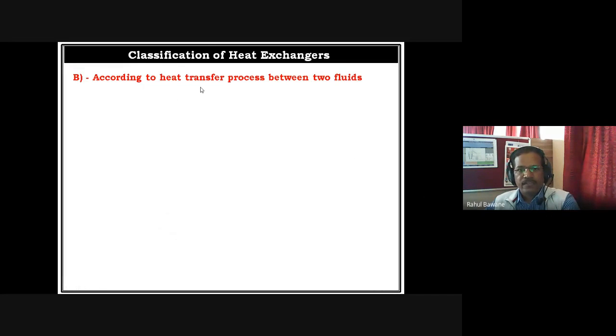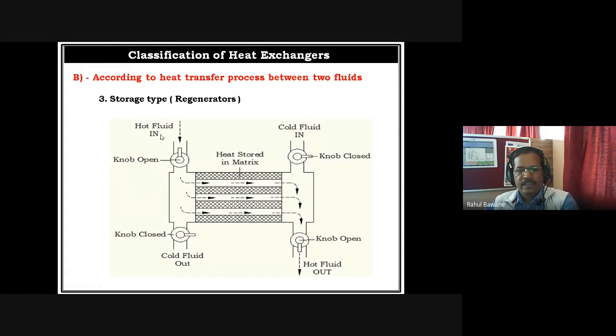Now according to the heat transfer process again, the storage type. In a storage type, it is not like a transfer type heat exchanger where heat can directly transfer to the second fluid. Hot fluid heat is stored in some matrix, then after some time it will be delivered to the cold fluid.